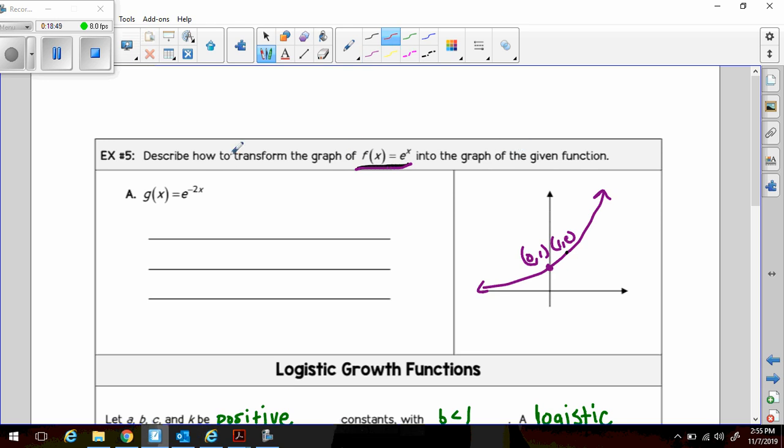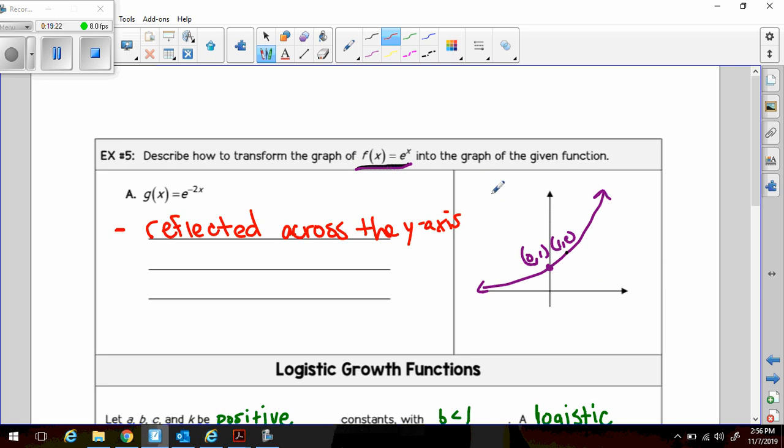So I'm going to now graph e to the negative 2x. So how does this change? I know that the negative part reflects across the y-axis. So we're going to reflect this across the y-axis.